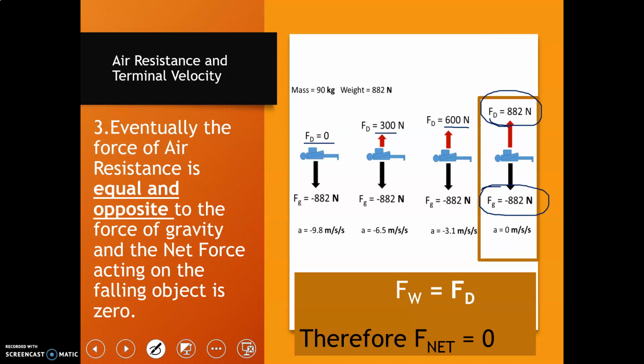So notice that because these forces are balanced, the net force is 0, right? We've talked about a net force being 0. If you don't have any net force acting on the object, there is no acceleration. So notice, at first we had an acceleration of negative 9.8, then it was negative 6.5, negative 3.1, and then finally 0. So the object is no longer accelerating.